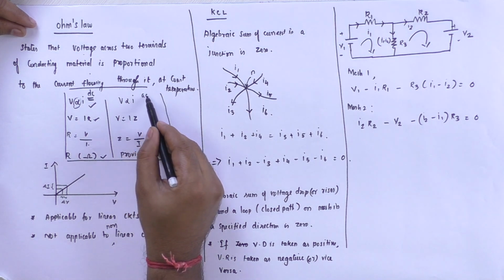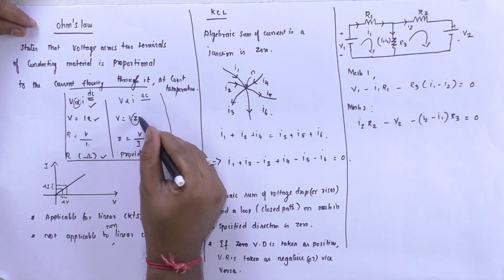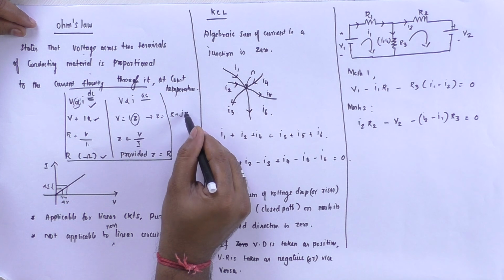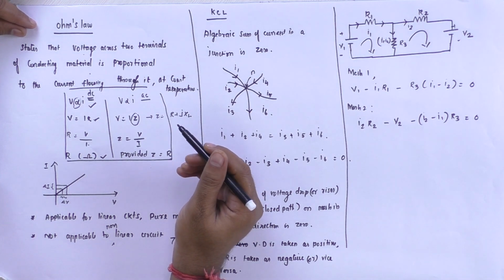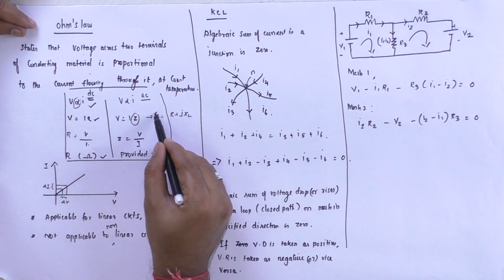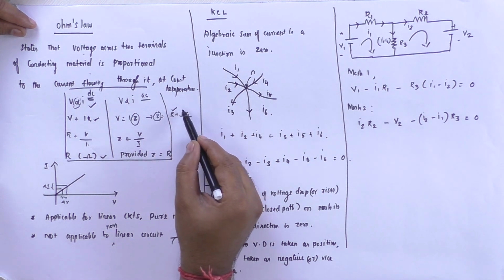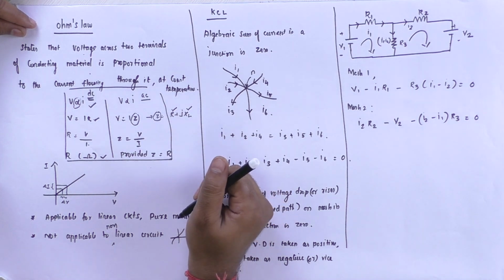Coming back to AC, V is proportional to I, then V is proportional to IZ. Z is a combination of resistance and inductance, which we discussed in AC circuits in earlier lectures. So this is the relationship of impedance as the summation of resistance and the inductive nature of the coil.